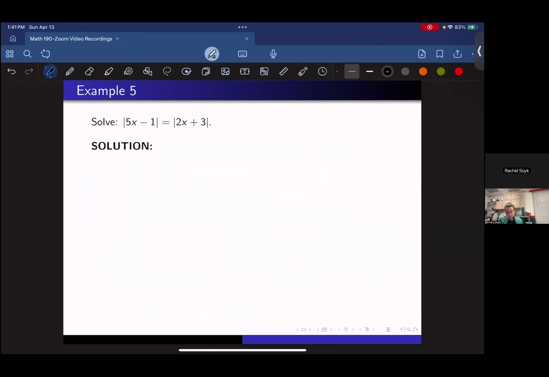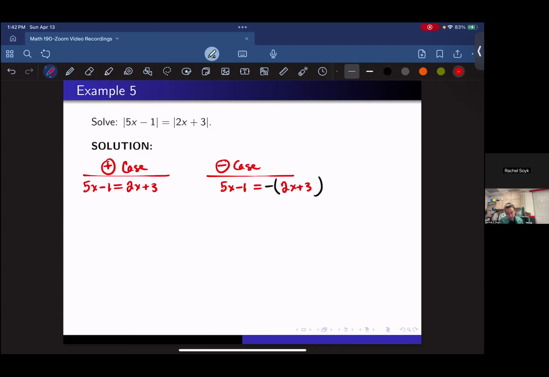It does not matter which side you decide to make the positive case and the negative case. Positive case, we just drop all of the absolute values, set them equal to each other. And then negative case, we drop all of the absolute values, and then we have to multiply one side by negative. It does not matter which side you're multiplying, you'll get the same result either way.